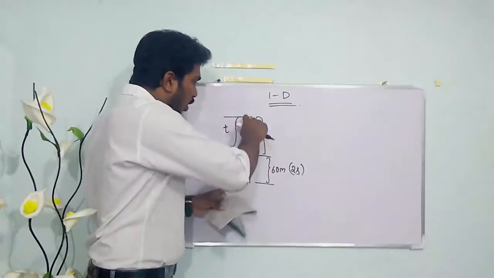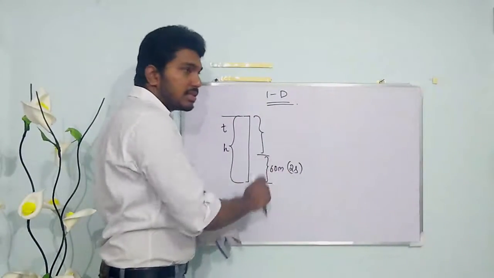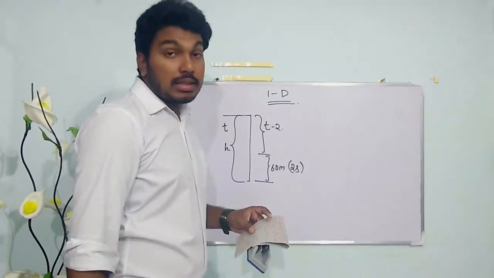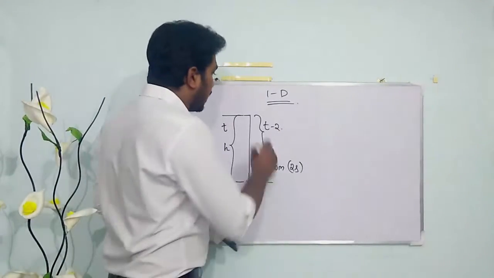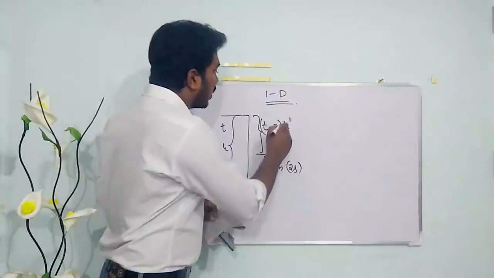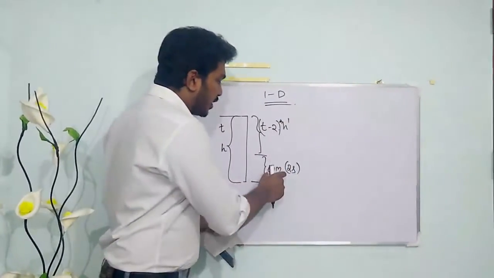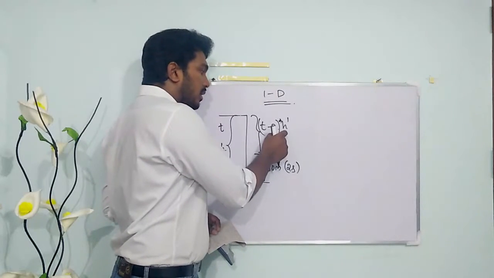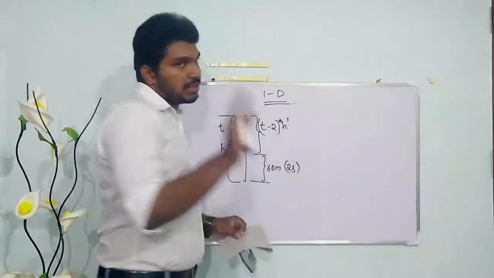Total is t, this much is 2 seconds, so this will be t minus 2 seconds. Clear? That will be t minus 2 seconds, and let that height be h dash. So 60 meter in a time of 2 seconds, and in t minus 2 seconds it is covering a height of h dash.